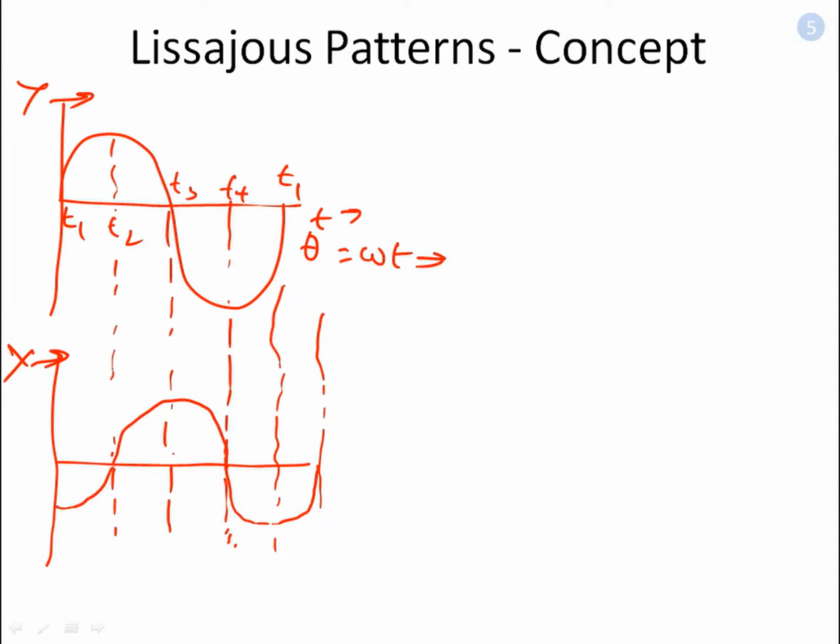Now you see this is T1, so again this is T1, T2, T3, T4, then T1 again.